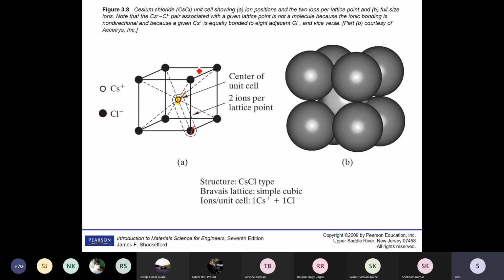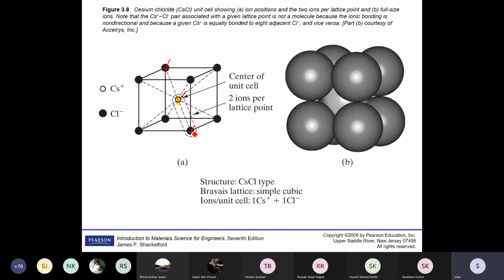A chlorine ion. So what is the definition of point lattice? I can stand at any point of the point lattice, look at a particular direction, whatever view I get, I move to any other point in a point lattice and look at the same direction, I must get the same view.